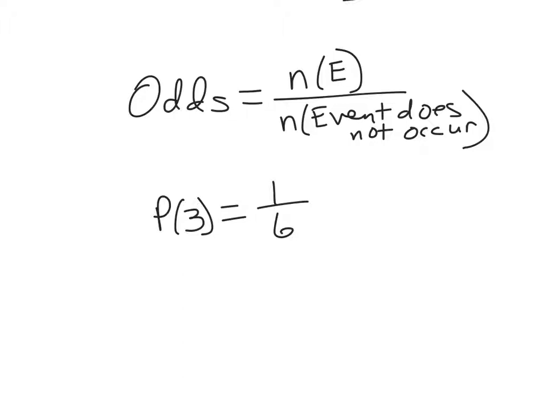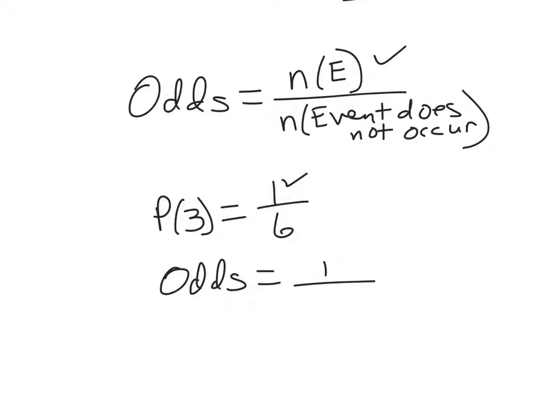If you think about that problem in terms of odds, the odds in favor of rolling a 3 is the number of ways the event can occur, which is still 1. So the top number with odds and the top number for probability are going to stay the same.